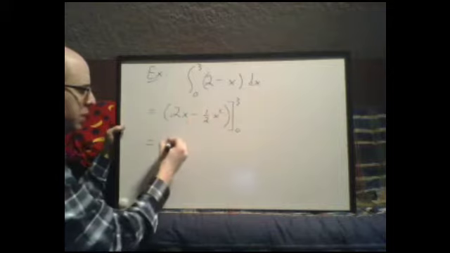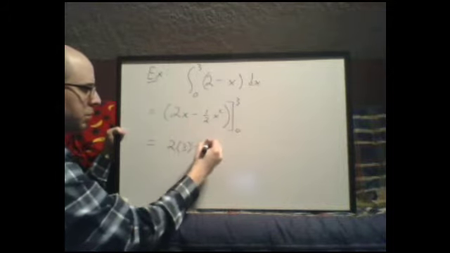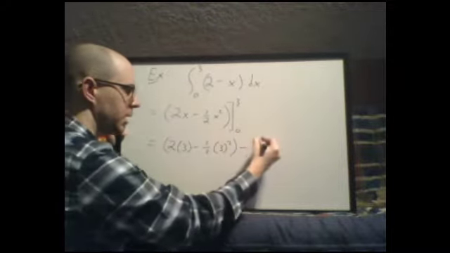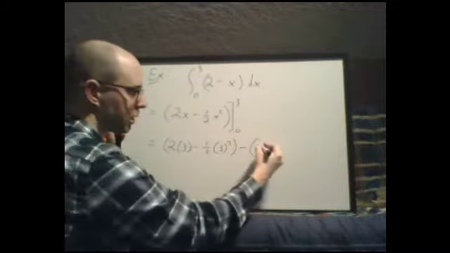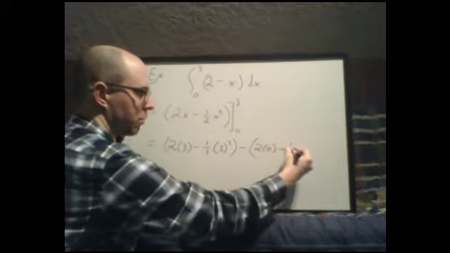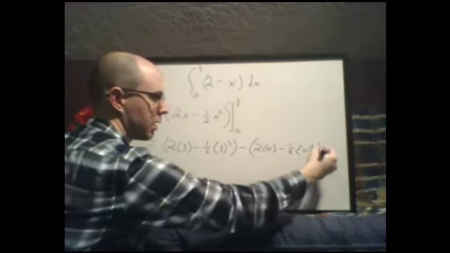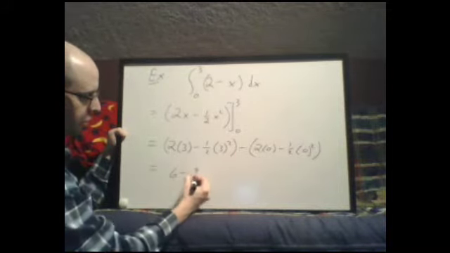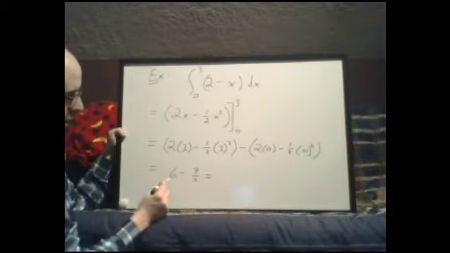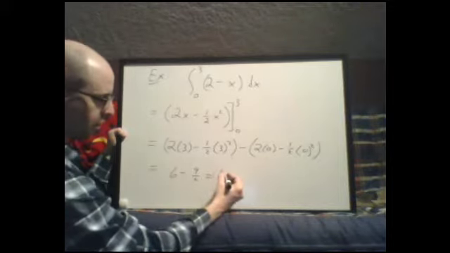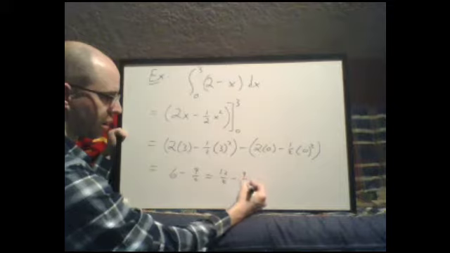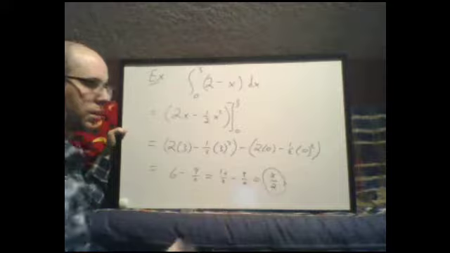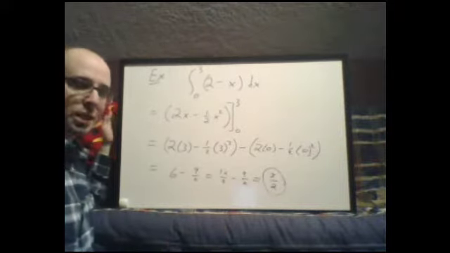If you plug in 3, that's 2 times 3 minus 1/2 times 3 squared, minus, now if we plug in 0, we get 2 times 0 minus 1/2 times 0 squared, which just comes out to be 0. So that's 6 minus 9 over 2. 6 is 12 over 2. So we get a total of 3 over 2. So our answer to this integral is 3 over 2.